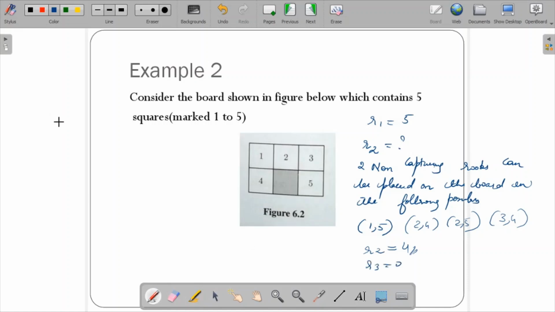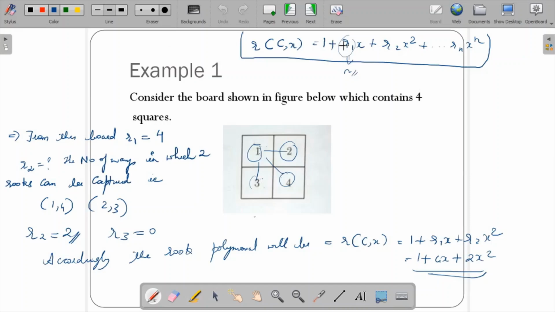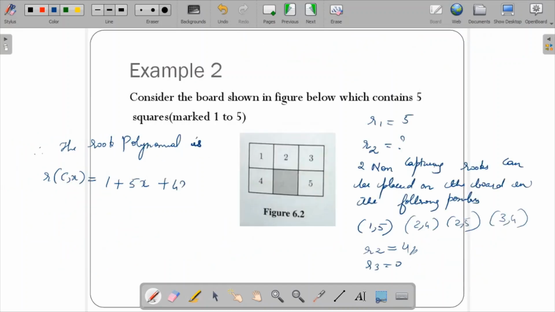So based on this, the rook polynomial for the board would be 1 plus R1 value was 5, right? 5x plus r2 x square. The formula, if you remember, r2 x square, that is 4x square. So this is the rook polynomial for example 2.